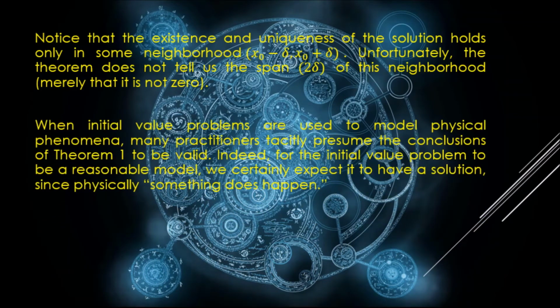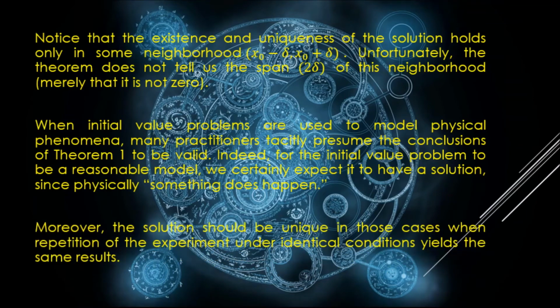When initial value problems are used to model physical phenomena, many practitioners tacitly presume the conclusions of Theorem 1 to be valid. Indeed, for the initial value problem to be a reasonable model, we certainly expect to have a solution since physically something does happen. Moreover, the solution should be unique in those cases where repetition of the experiment under identical conditions yields the same results.